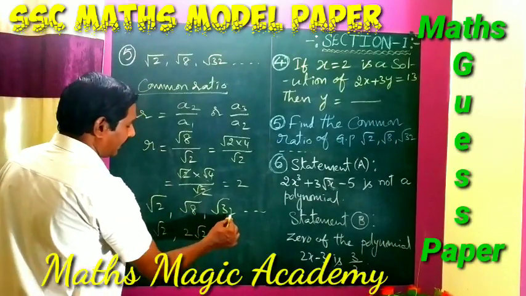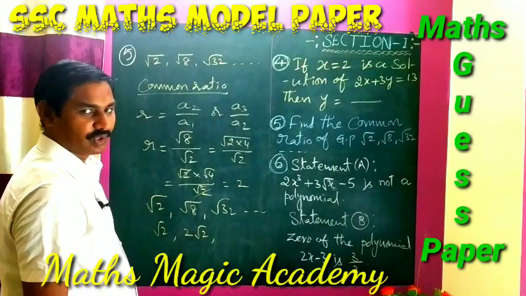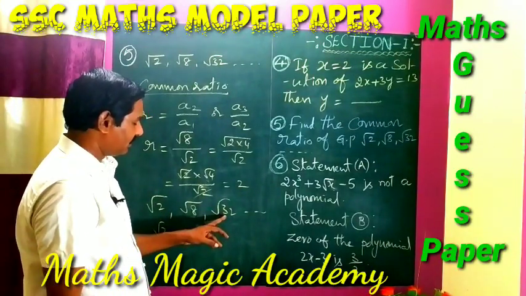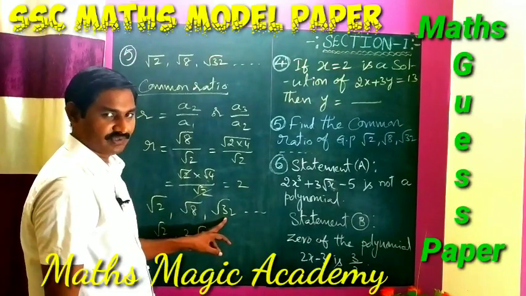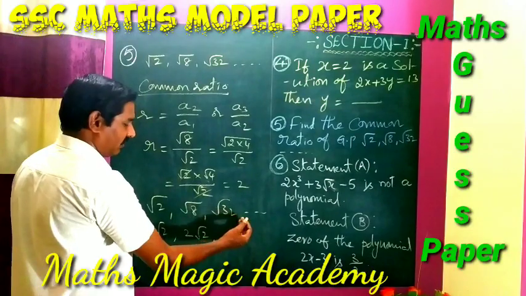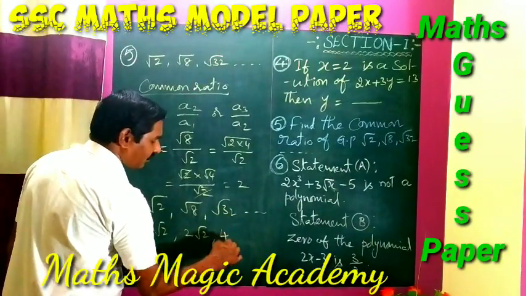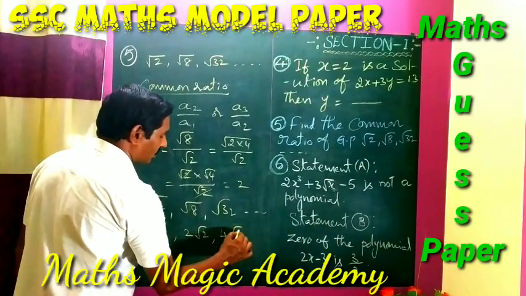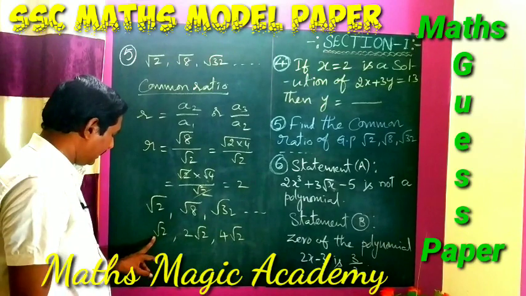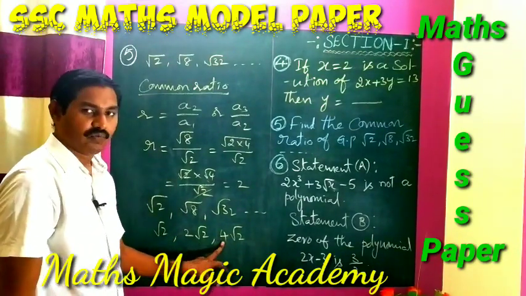Now here, root 32 is root of 2 into 16, that means root 16 will come out as 4, so 4 root 2. So here see, it is root 2, it is 2 root 2, it is 4 root 2.